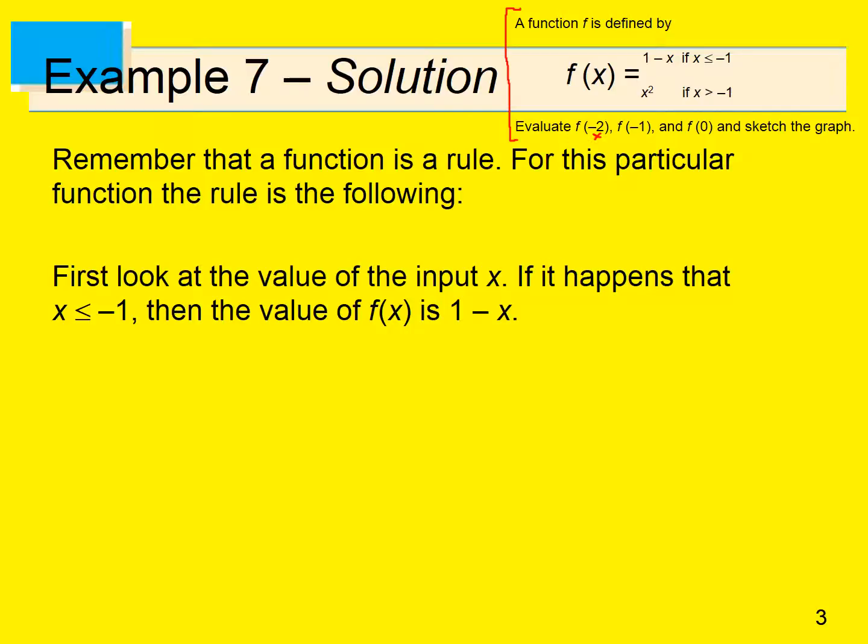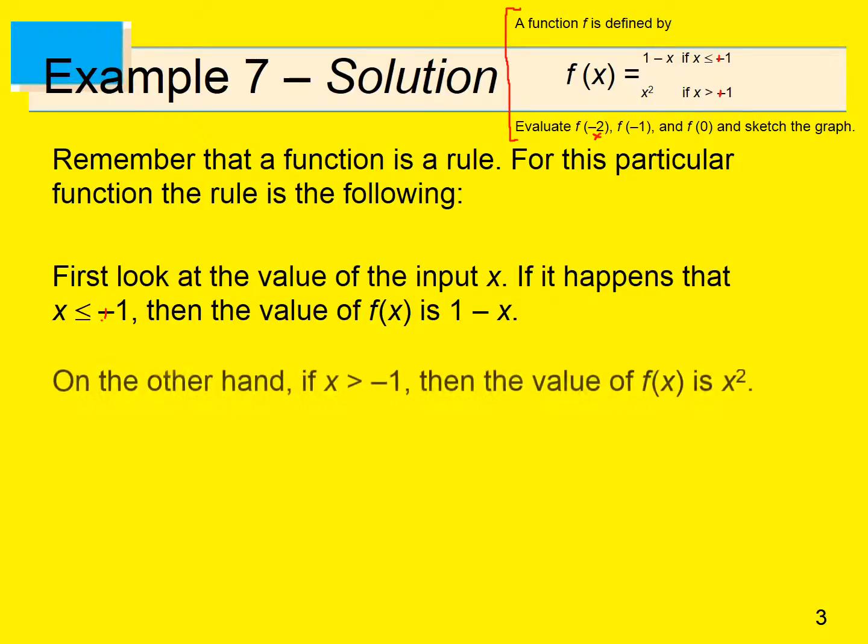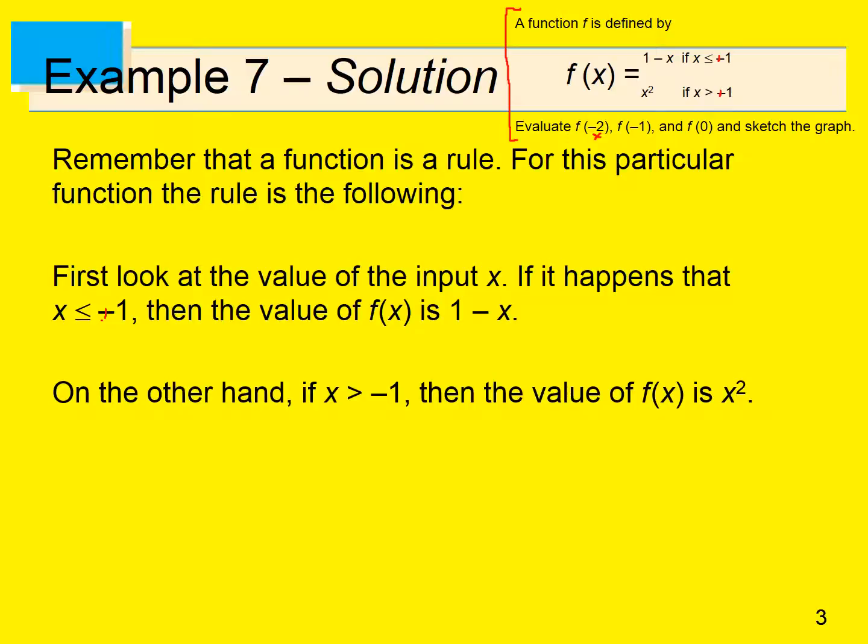If it happens that x is less than or equal to 1, the value of f of x is 1 minus x. And again, that negative 1 there should be positive 1. On the other hand, if x is greater than 1, then the value of f of x is x squared.